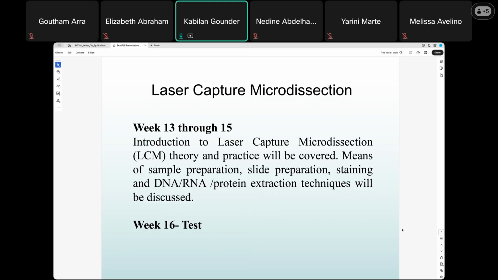And is this technique only for observing the structure, or are we going to do something else with it? We will discuss that in the coming weeks.